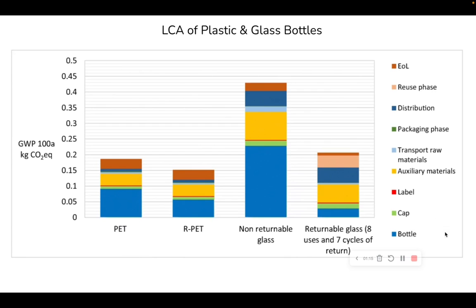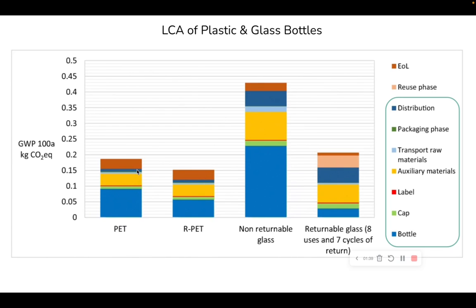So the important things for us here to understand how the production phase is a big part of the life cycle of bottles is to see that this is the production phase here, creating the bottle and getting the resources, creating the cap, the label, other materials, transporting raw materials, packaging, and distribution.